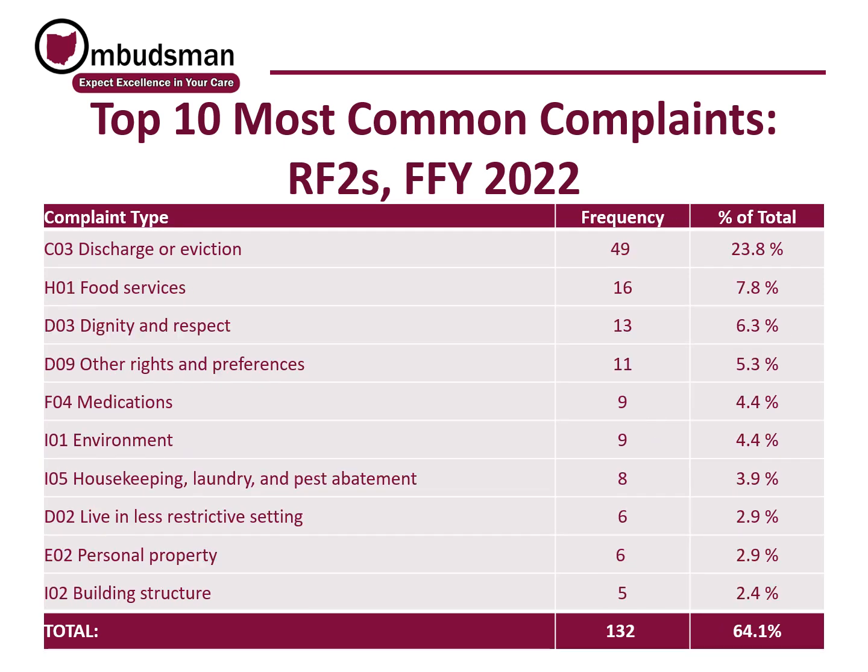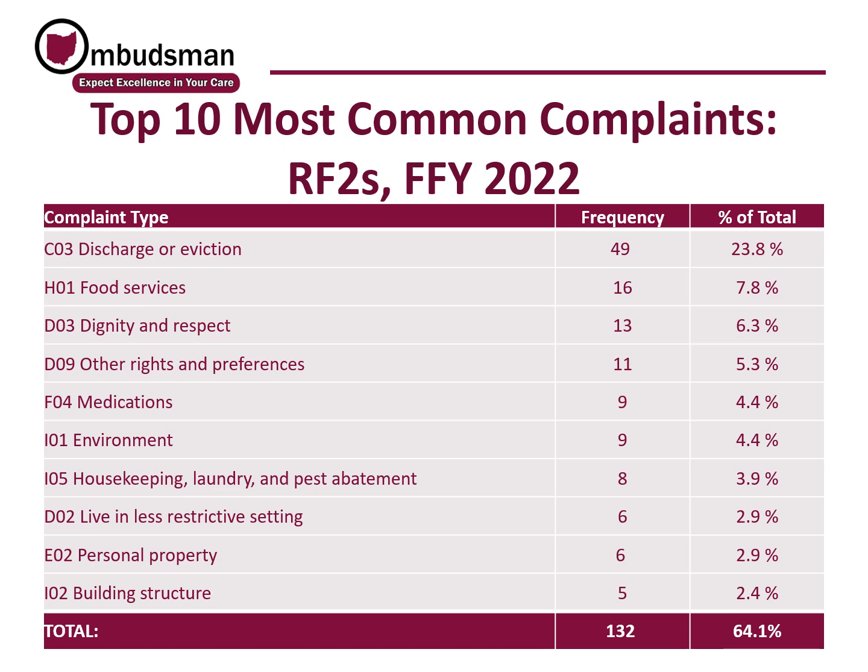Finally, as a comparison, these are the most frequent complaints against residential facilities class 2, which are the smaller adult mental health group homes. You can see that there's not nearly as many complaints, just almost 132 on this chart in the total for the whole state in federal fiscal year 2022.